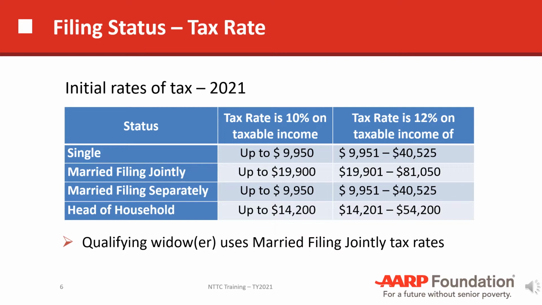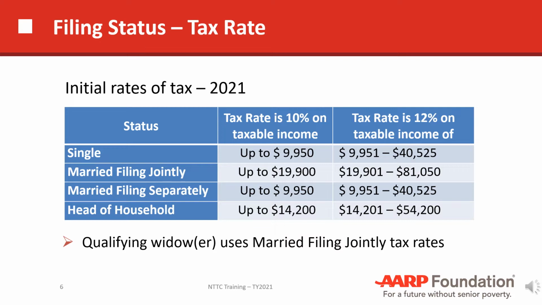But for married filing jointly, the tax rate is different. Their first $19,900 is taxed at 10%, which is, by the way, twice what the single person pays. And then anything over $19,901 up to $81,050 is taxed at 12%. So that's essentially double the single filing status.